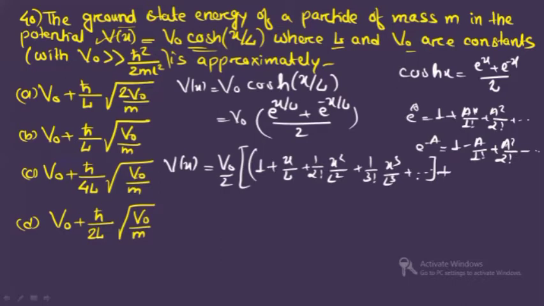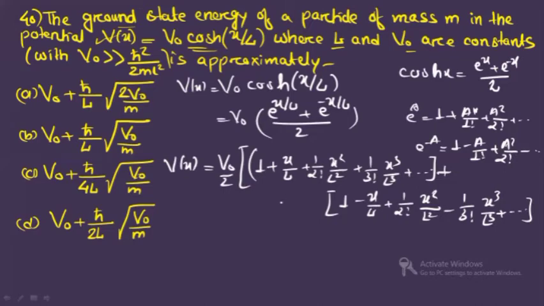Next again plus, for e to the power minus x by L, you will have 1 minus x by L plus 1 by factorial 2 x square by L square minus 1 by factorial 3 x cube by L cube plus and so on. Now here if you see, odd terms will get cancelled. You will have only even terms.